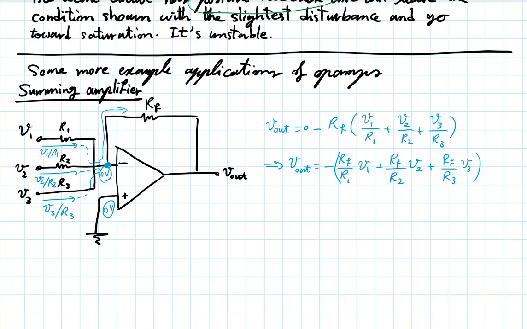So here's a question for you guys to think about as a small side problem. Can I use the non-inverting amplifier configuration to do summation of multiple voltages so that I don't have the negative sign? By the way, can I use this as a digital to analog converter? That would be a circuit that takes a digital input.